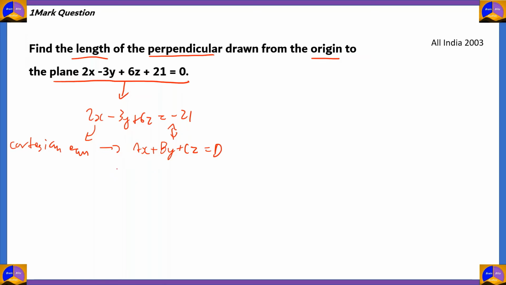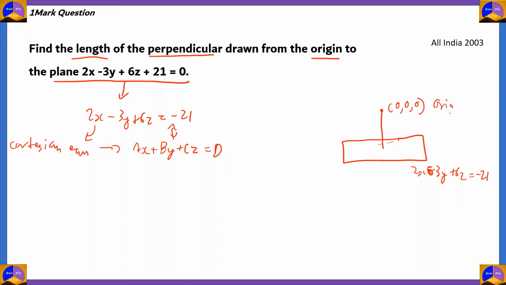So now we have the Cartesian equation of the plane. In the question, it's given that we have to find the length of the perpendicular drawn from the origin. So suppose we have a plane, and the plane is 2x - 3y + 6z is equal to -21, and a point given as (0, 0, 0), the origin.